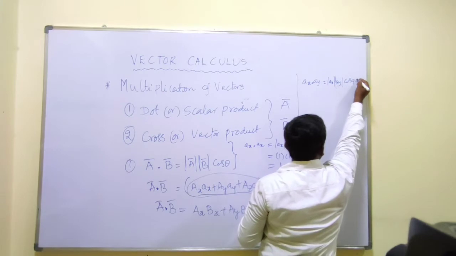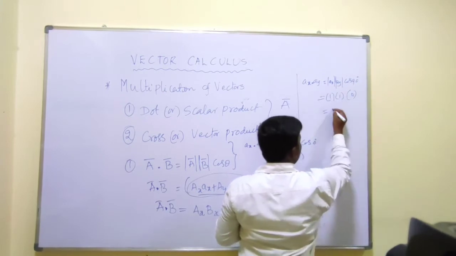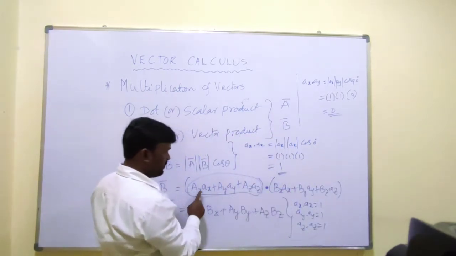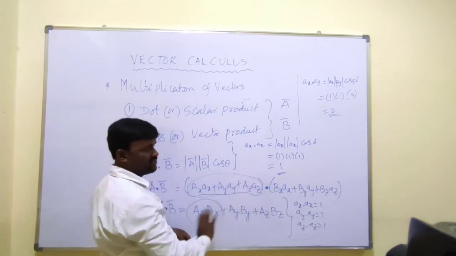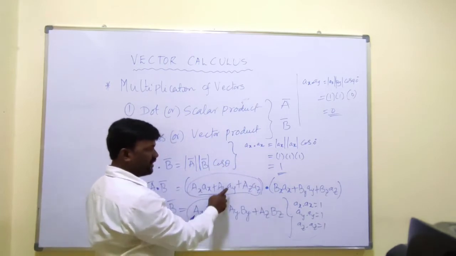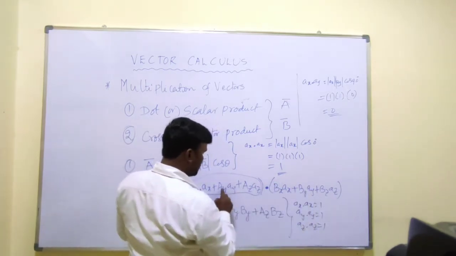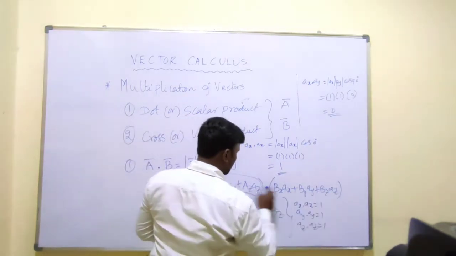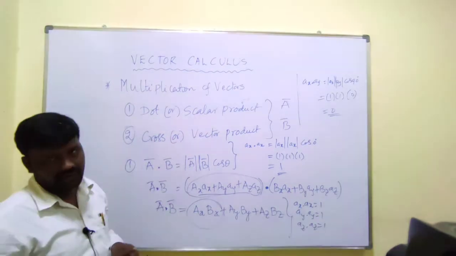What is theta? Cos 90. This is 1 into 1 into 0, and 0 into something is 0. So if I take i dot i, it is a non-zero quantity, like this AX BX. i dot j is 0, i dot k is 0. j dot j gives some quantity, that is AY into BY. Similarly k dot k is 1, that's why AZ into BZ. This is all about the dot product.